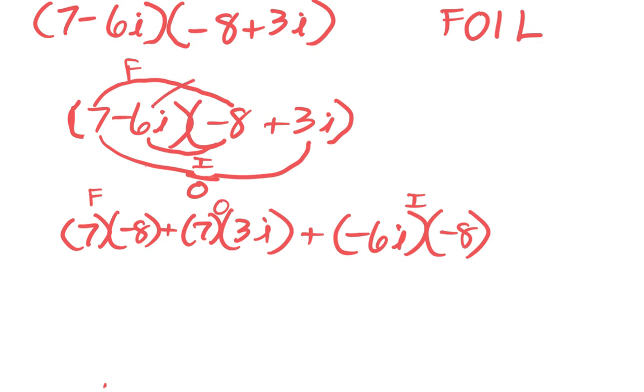And my last terms, that's my L part. So I have the negative 6i times a positive 3i.